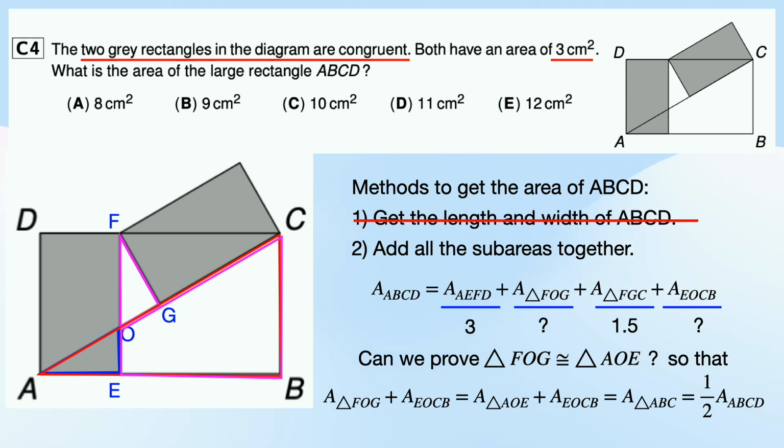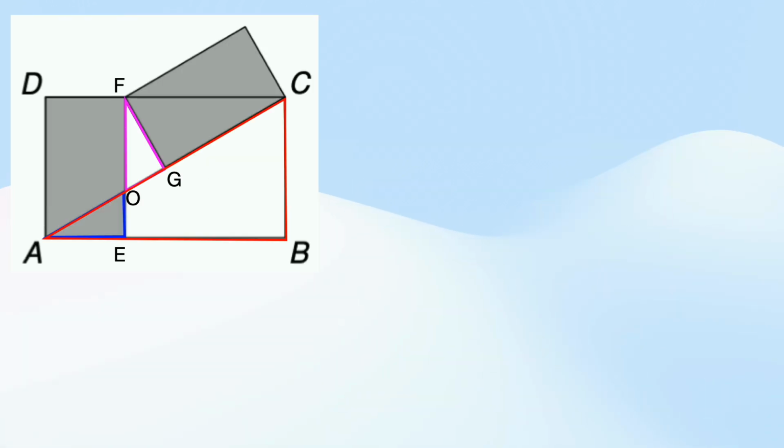Actually, the area of the triangle ABC is exactly half the area of the rectangle ABCD, which is what we are trying to find. So, let's now prove whether these two small triangles are congruent.